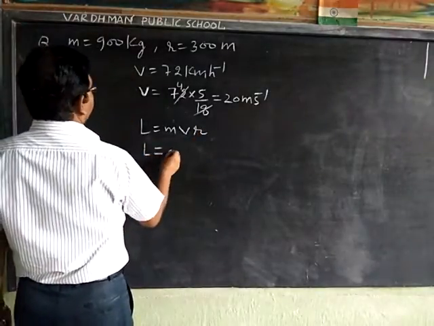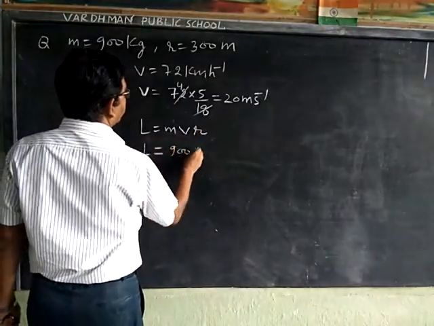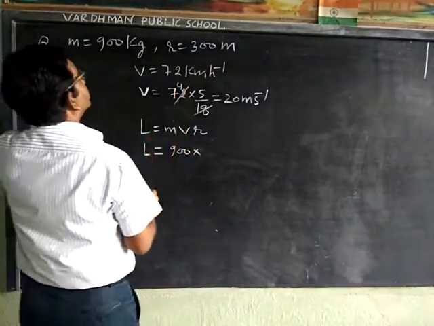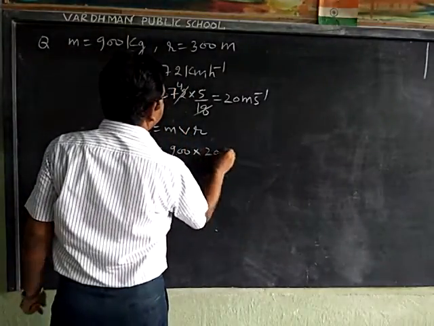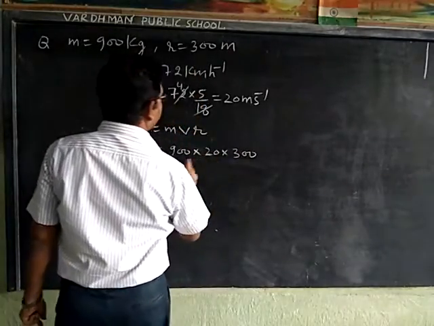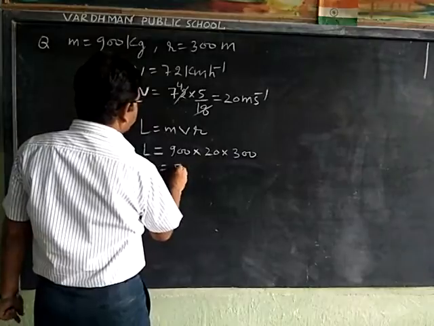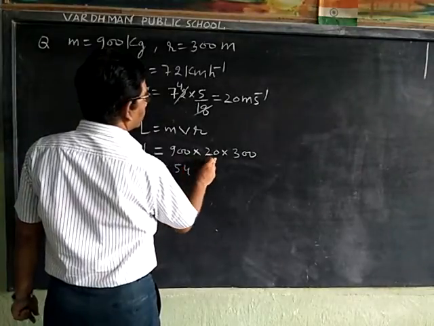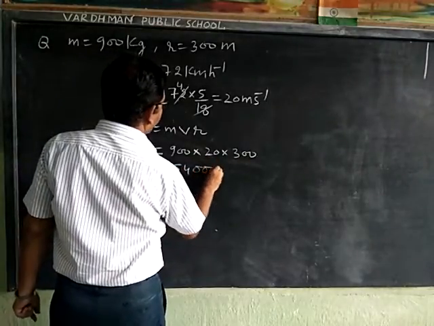L is m 900, v 20 into r 300, that is 5400000.